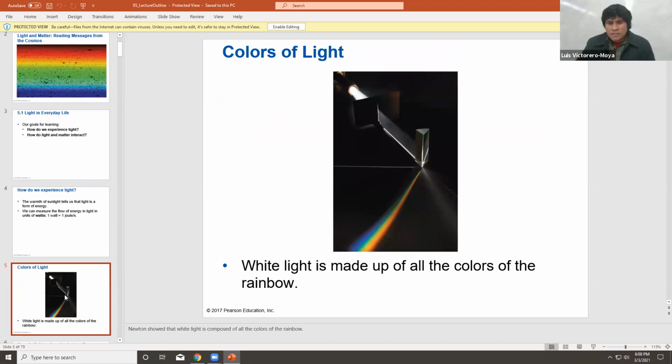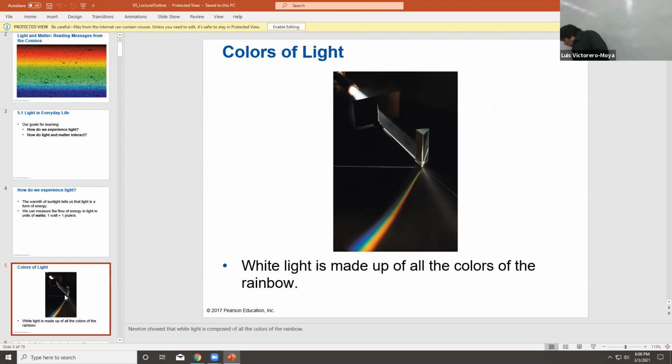Now, you probably have seen this before in a physics lab. When you have a white light going through one slit, and then you put a prism, you will see light being refracted.